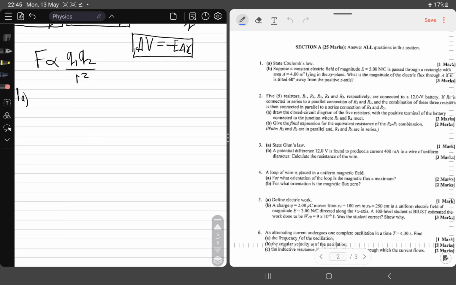This is one way. We now remove this proportional sign. We put an equal, then we multiply by k.